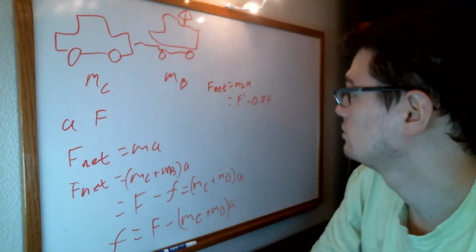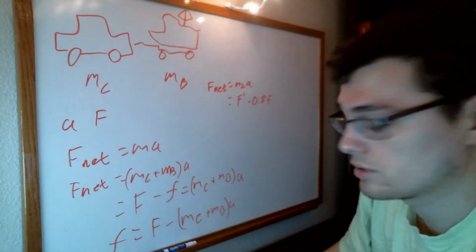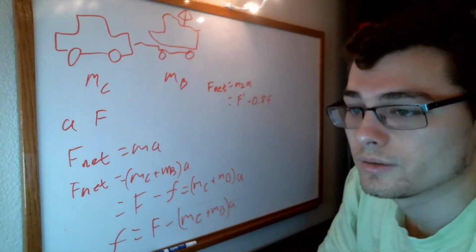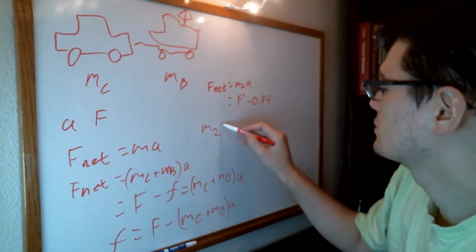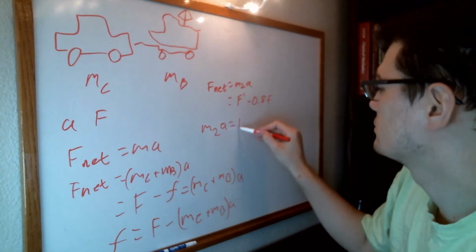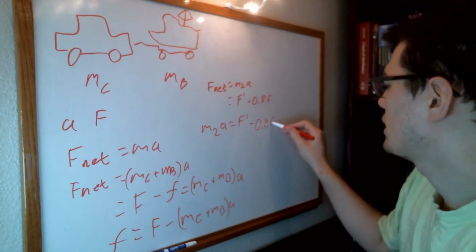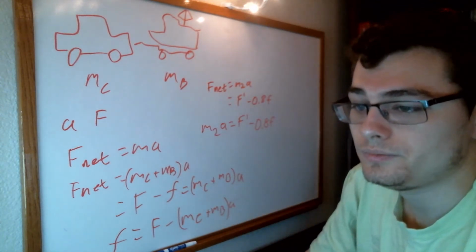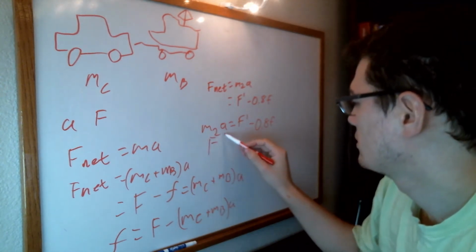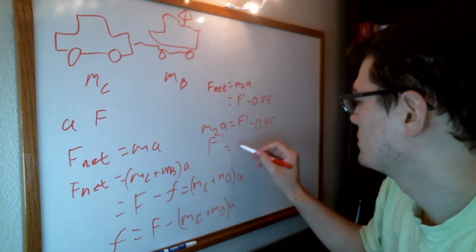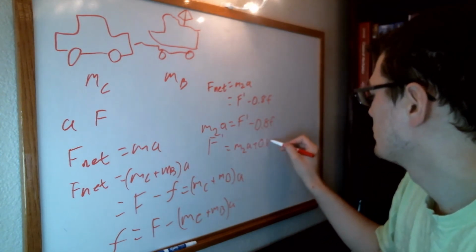And so now we know what F is from our earlier equation, or little f, and we set these two equal to each other, so m2a is equal to F prime minus 0.8 f, and so then we can solve for F prime. So F prime is going to be equal to m2a plus 0.8 f.